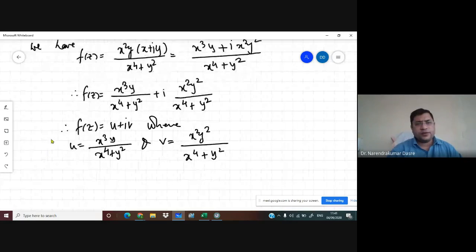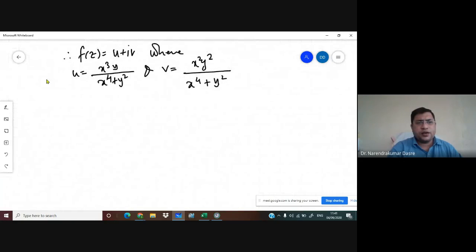So we got the real and imaginary part of this function. And now we have to find the CR equations, whether they are satisfied or not. So to calculate the CR equations, we first have to calculate the first order partial derivatives for this function.